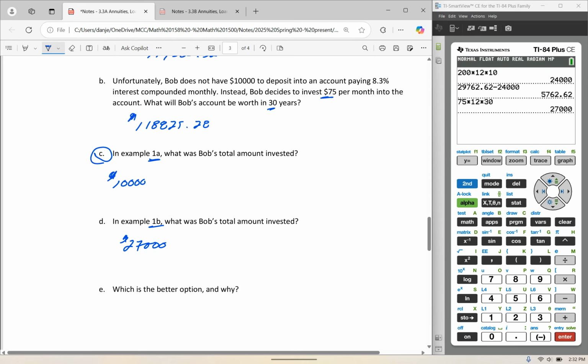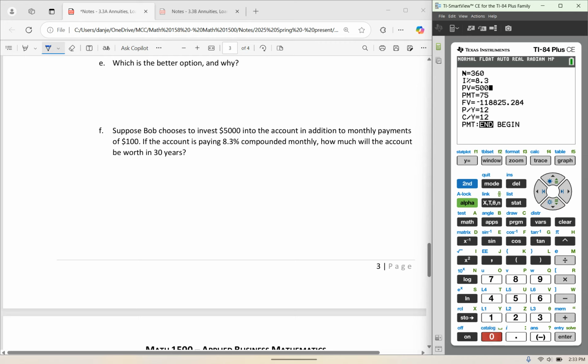Okay. Suppose Bob doesn't have $10,000, but he's got five. So let's go back to our TVM solver. He doesn't have the $10,000, but he's got the $5,000 that he can invest. And he also has been able to scrape together $100 a month into this account.